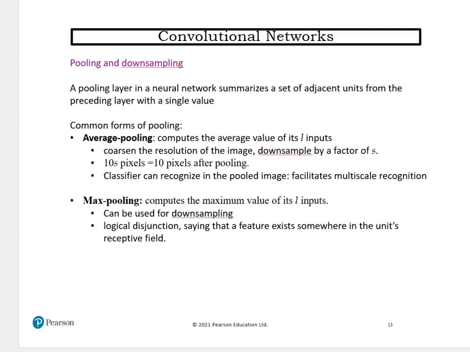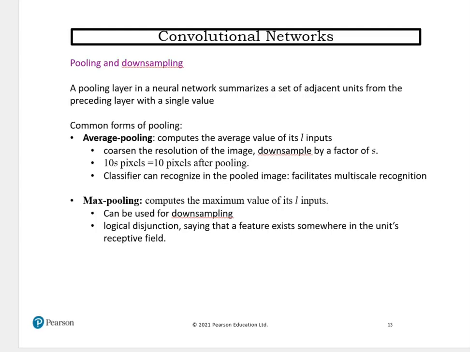So we're making the image coarser, essentially. The same learned classifiers would be able to recognize the object in the pooled image, even if it was too big to recognize in the original image. In other words, average pooling makes it easier to do what we call multiscale recognition. It also reduces the number of weights required in subsequent layers, because we're reducing the size of the problem, leading to a lower computational cost and even faster learning.